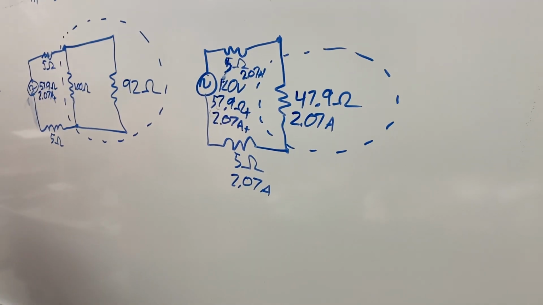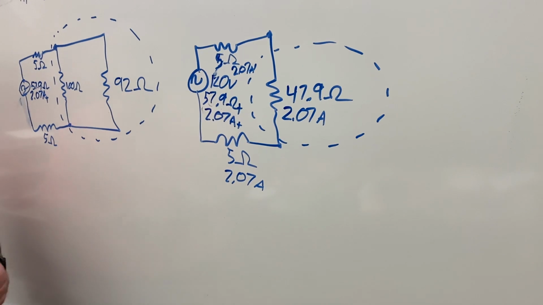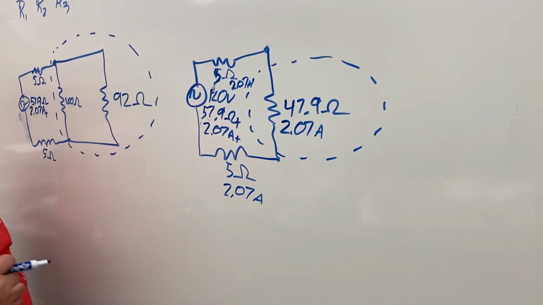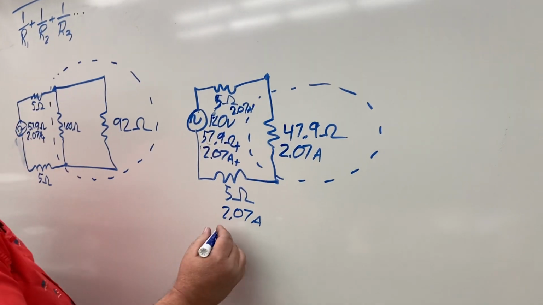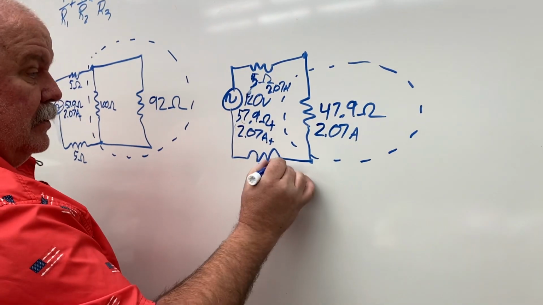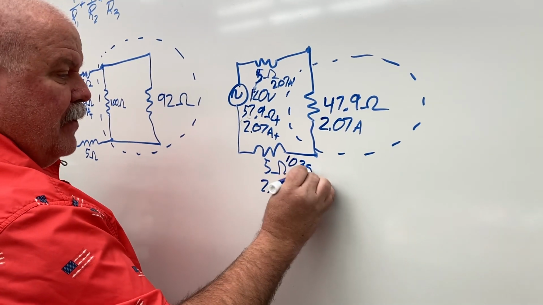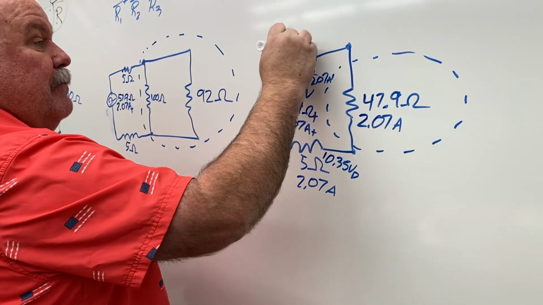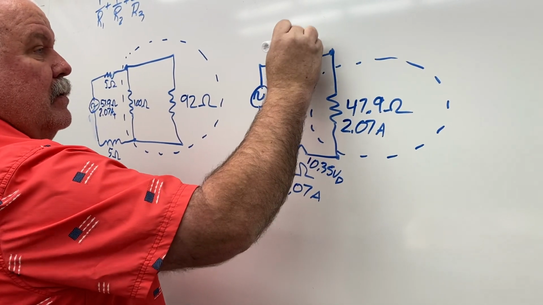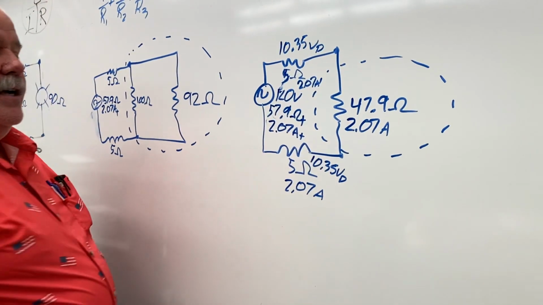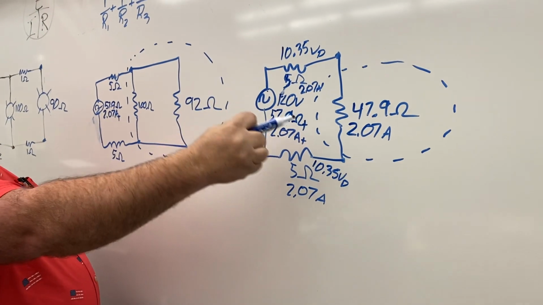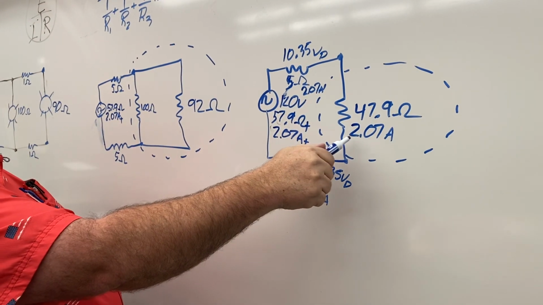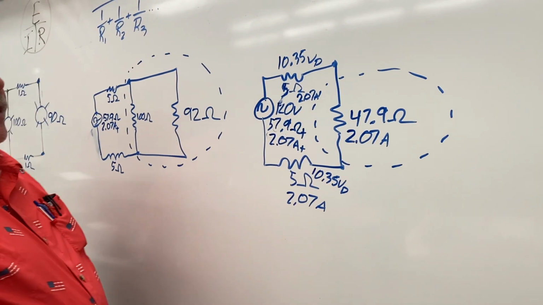What's 2.07 times 5? 10.35. So I'm going to have 10.35 volts dropped across there. 10.35 volts dropped across there. And what is 2.07 times 47.9?